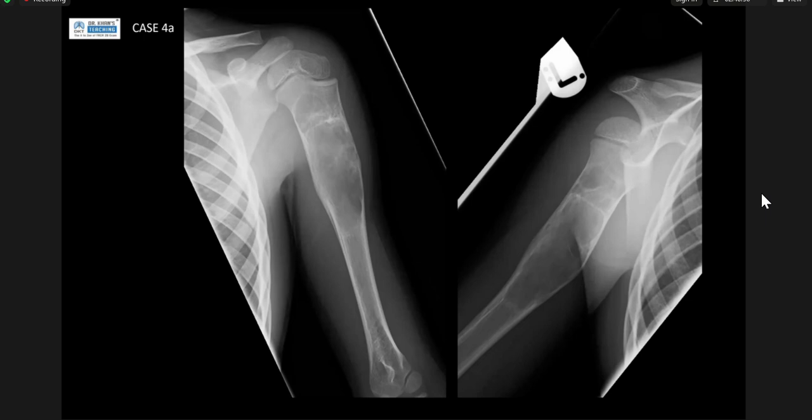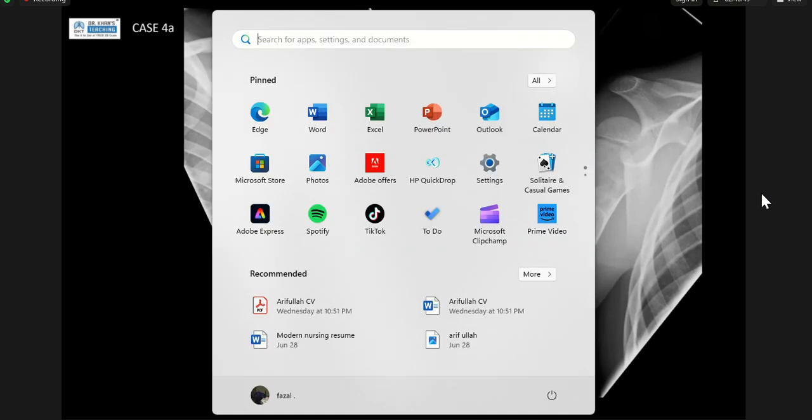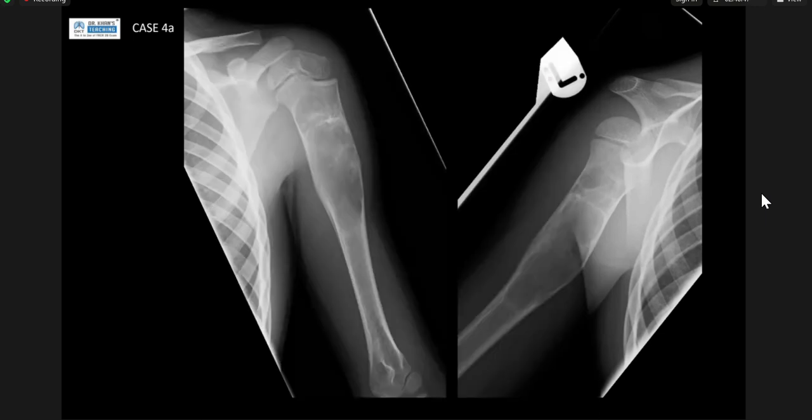There's no significant periosteal reaction. The overlying soft tissue is normal. The joints and other bones appear normal to me.